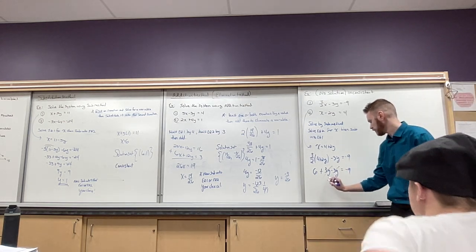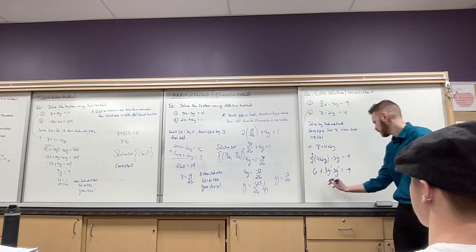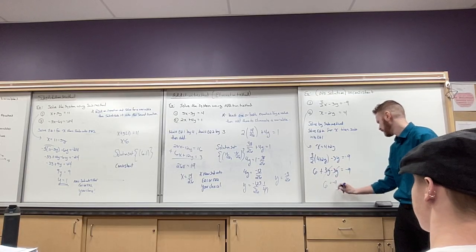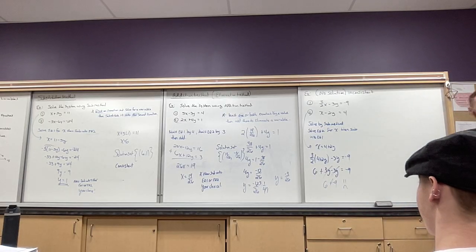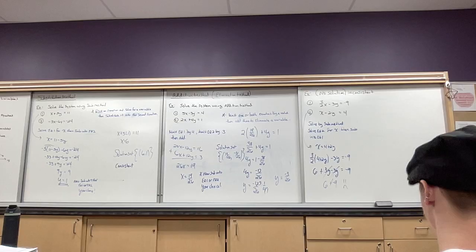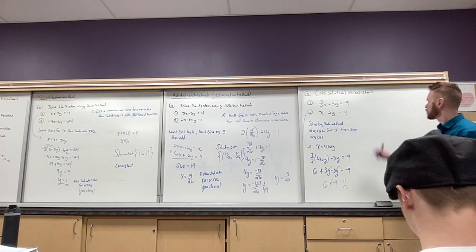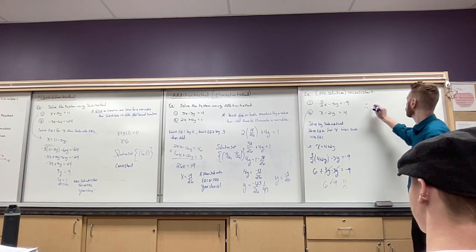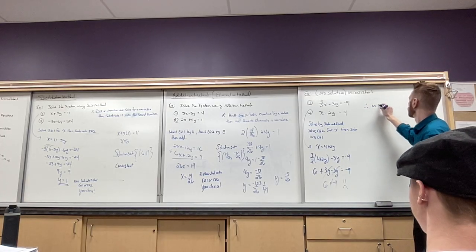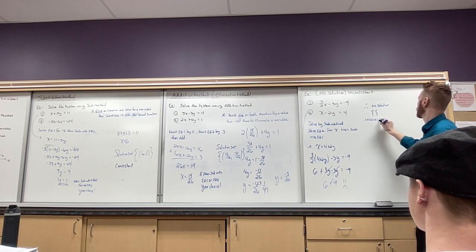So I get 6 equals negative 9. That's not true, right? So this is a no solution. So that's just empty brackets, and then we call it inconsistent.